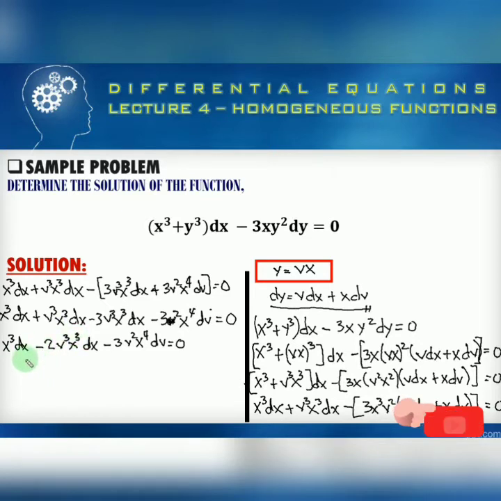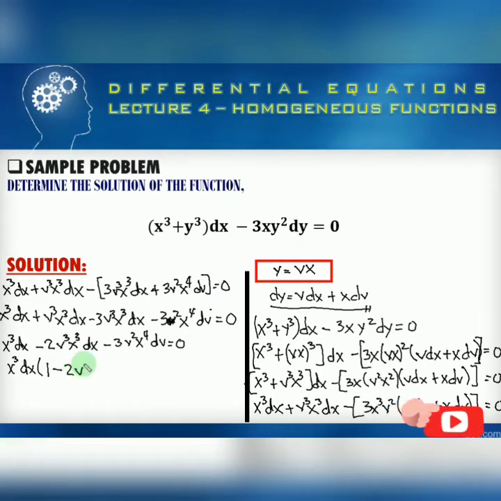So we are going to extract some common terms here with dx. We may opt to extract this x cubed dx from these two terms here. So first we have this x cubed dx extracted from these two terms. So this would be 1, since x cubed dx times 1 is just this x cubed dx, minus 2, the only remaining variable being 2b cubed.